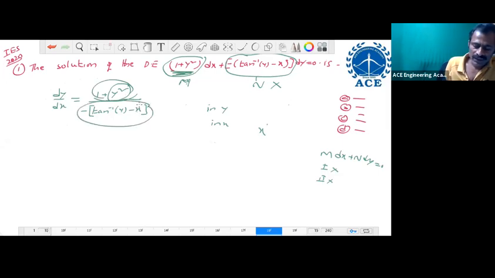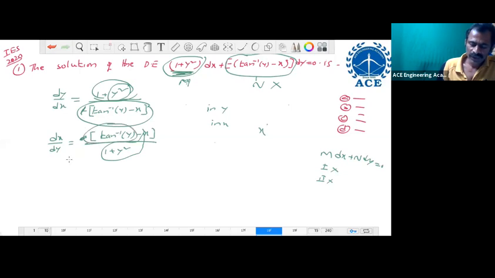So to write it as linear in x, we write the reverse order: dx by dy equal to (tan inverse of y minus x) divided by (1 plus y square), the minus becoming plus when shifted to the other side. That is x into a function of y, plus another function of y. The given equation is not linear in y, but it is linear in x. So we do the problem by the linear in x method.